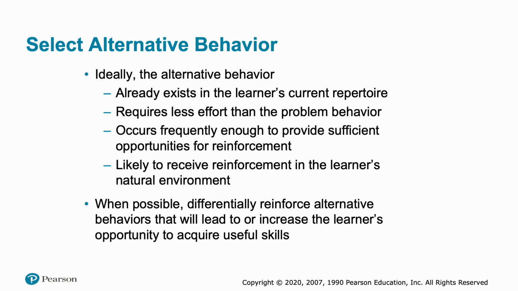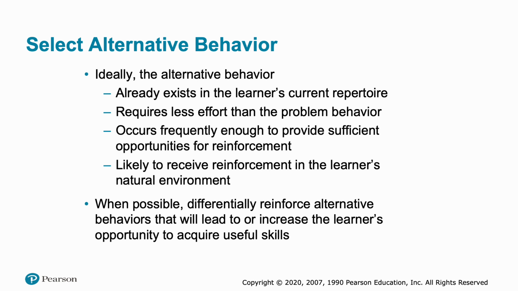So when you are selecting the alternative behavior, you want to ideally select a behavior that already exists in the learner's current repertoire. You want a behavior that is not as effortful as the problem behavior itself, because if the behavior is less effortful than the problem behavior, then the client is more likely to want to engage in that behavior, especially if that behavior results in a high rate of reinforcement.